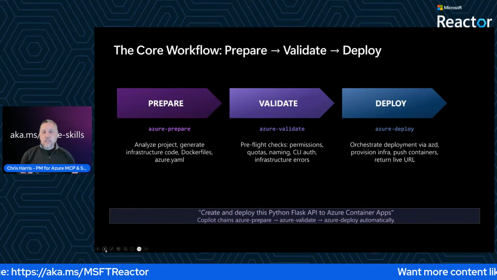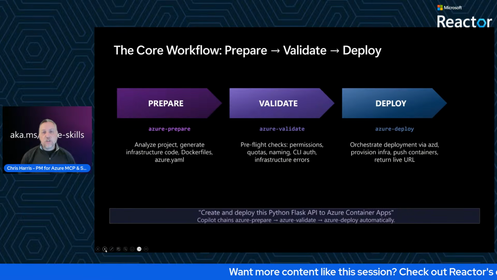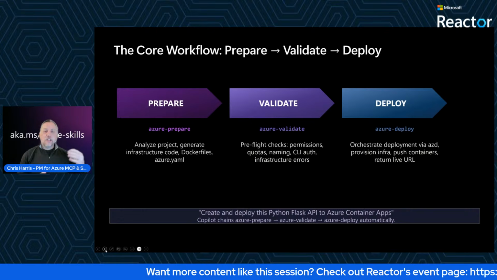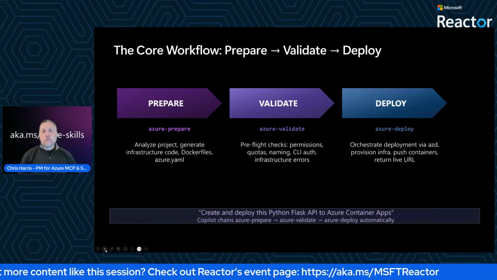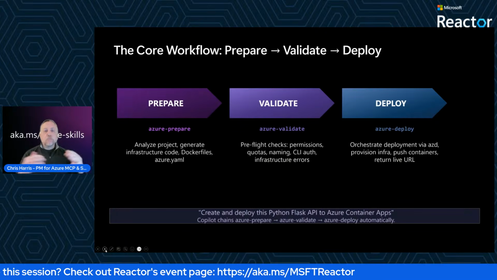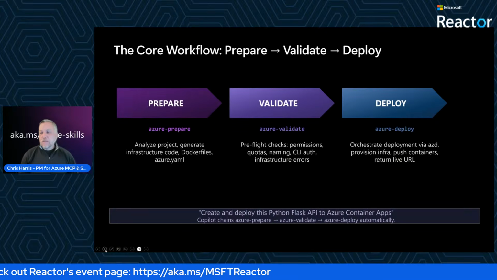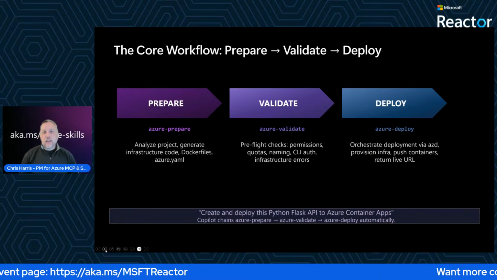So you might use AZD in that case, and then you might move to the CI/CD approach so that you have a pipeline that's going to route this through your DevOps team and then help you do the deployments through an approved, safe approach. So we support both of those, and we try and make it as easy as possible for you.